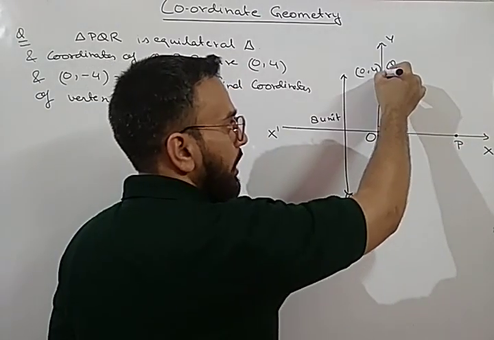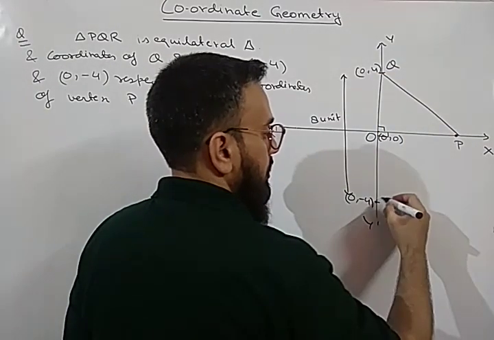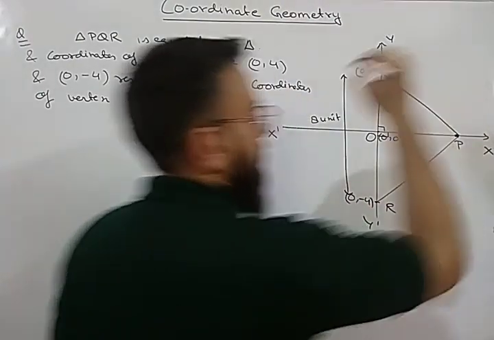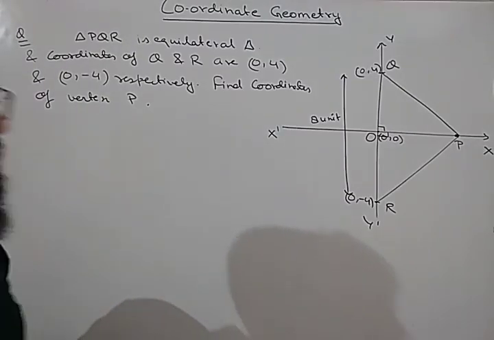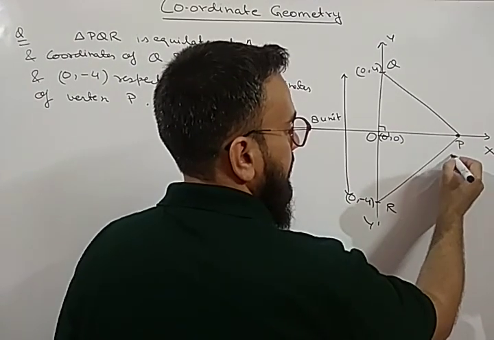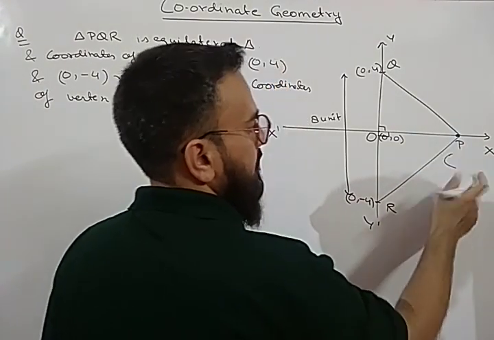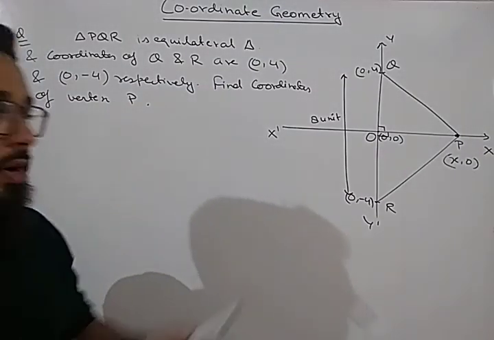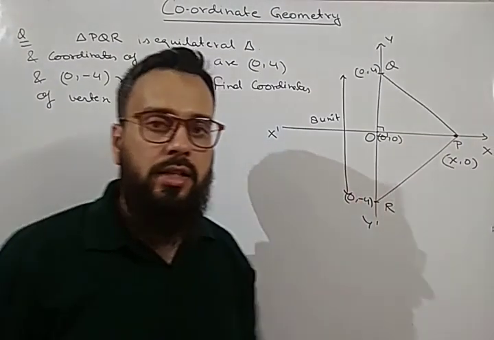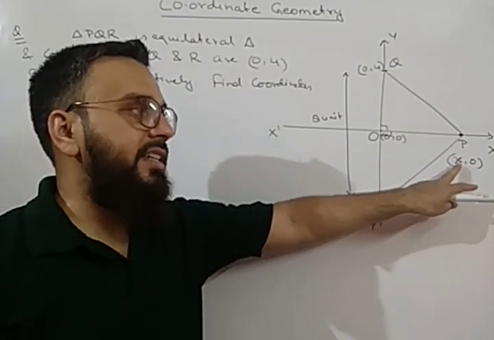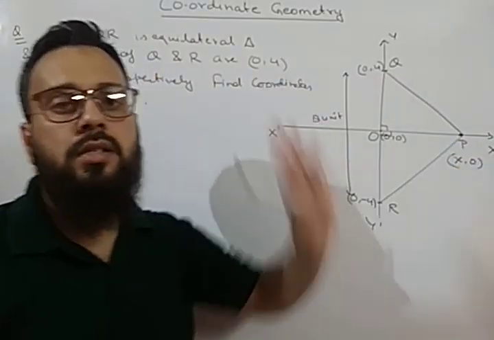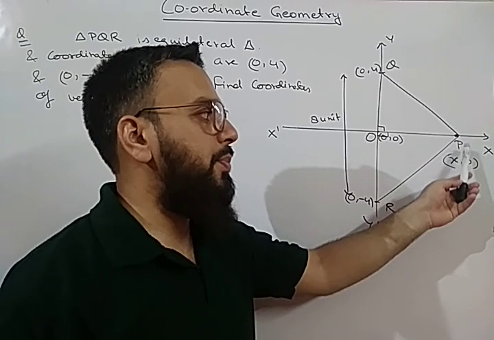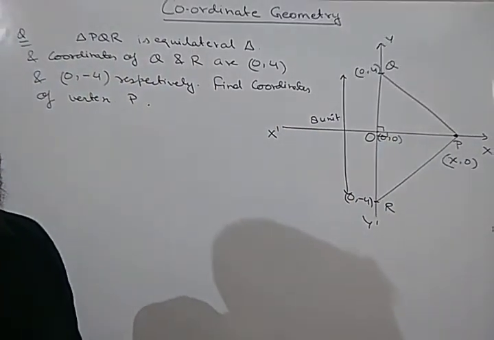Now, if we join this point P to Q and to R, this is our triangle PQR. Now we have to find the vertex of this point. So let us consider it as x comma 0, because on the x-axis the y coordinate is 0, so I am taking a small x as the x coordinate and the y coordinate is 0. It means the coordinates of point P are x comma 0.